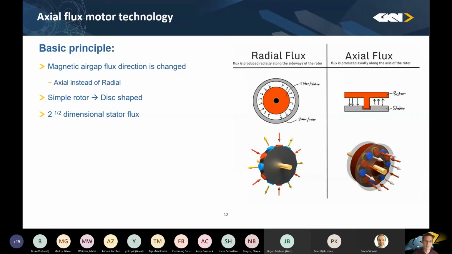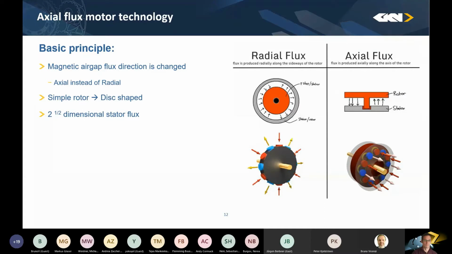And in many cases, it's very beneficial, especially looking at the rotor, which can be simply disc-shaped and is very beneficial for different applications. Some will be shown on the next slides, so just wait for some seconds and I will show that to you as well.